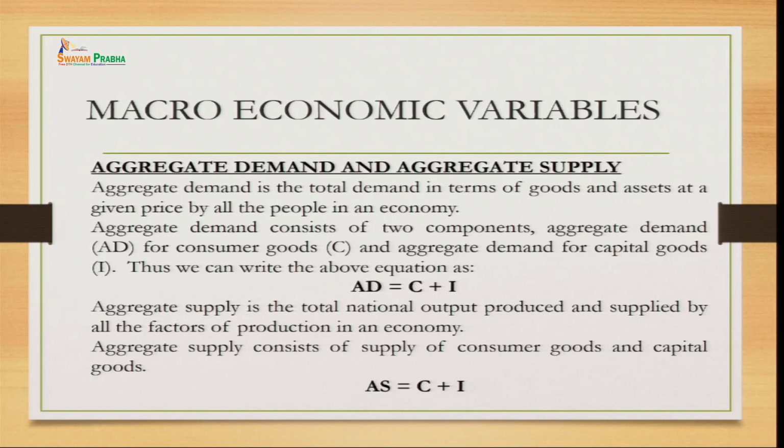Here we denote AD for aggregate demand, C for consumer goods and I for capital goods. All the consumer goods demanded by the residents of the economy, as well as the demand for capital goods, will constitute a part of aggregate demand. In the same way, the supply of consumer goods by all the producers and the supply of capital goods by all the suppliers will create the aggregate supply, right. So, this is how we calculate aggregate demand and aggregate supply.